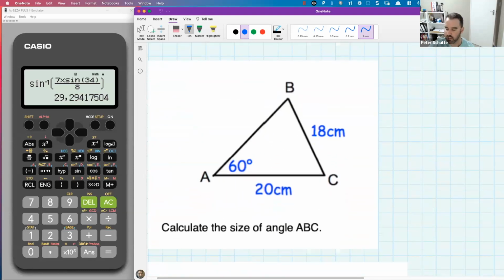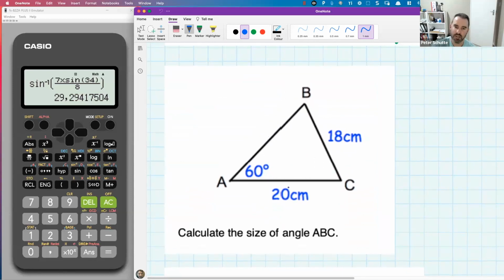So why don't you find for me the size of angle ABC? Now, what does it mean, angle ABC? It means this one here. So find me all by yourself the angle ABC.